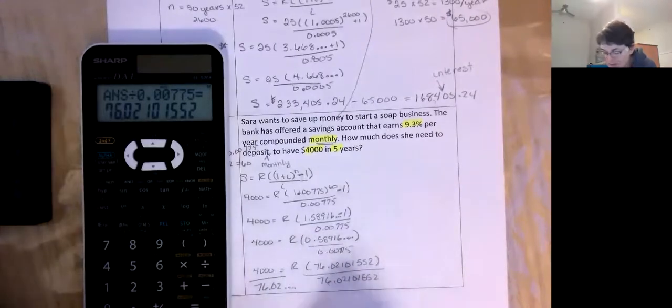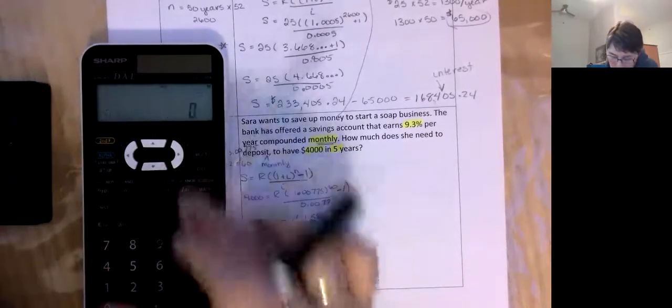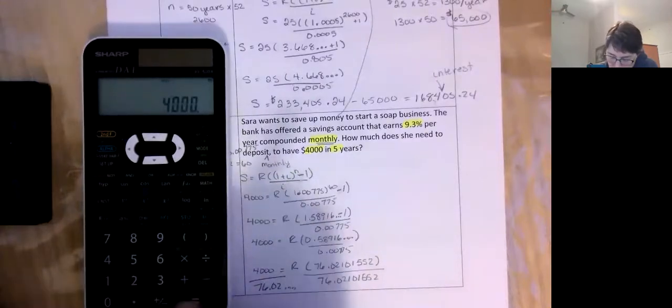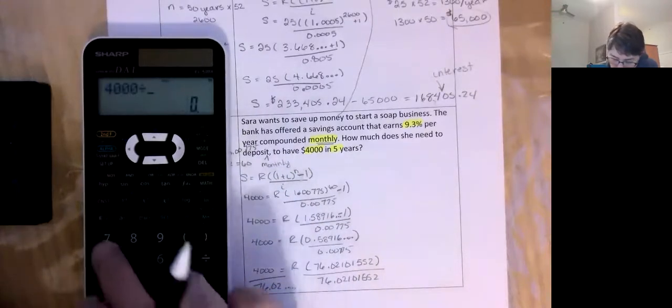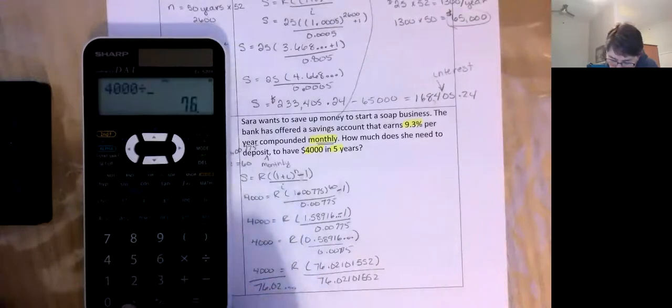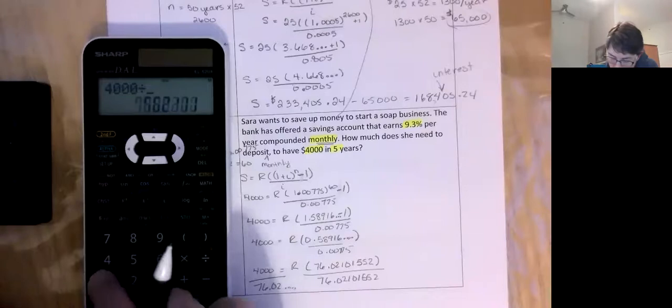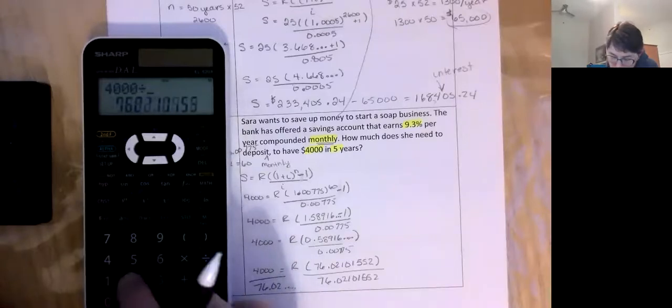I'm going to divide it by everything, but I don't have enough room. So 4,000 divided by 76.02101552.